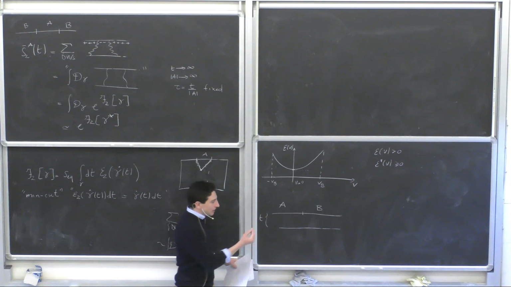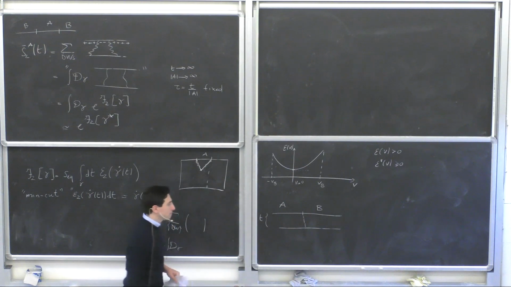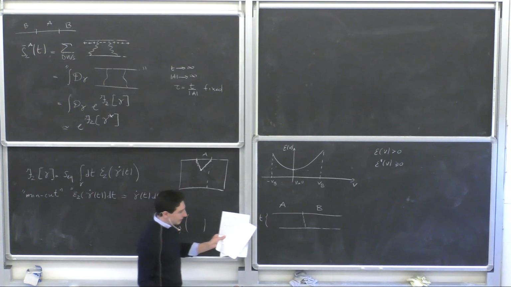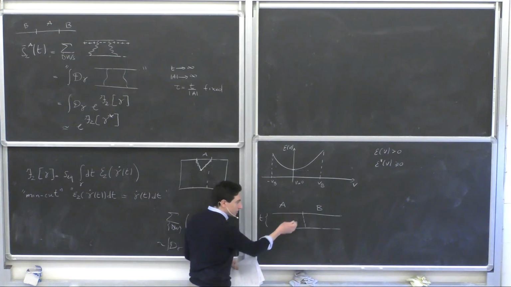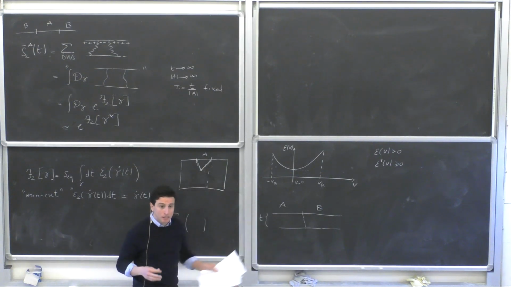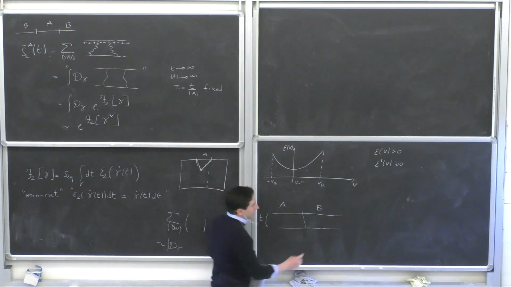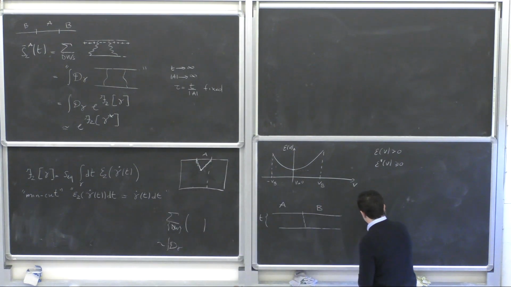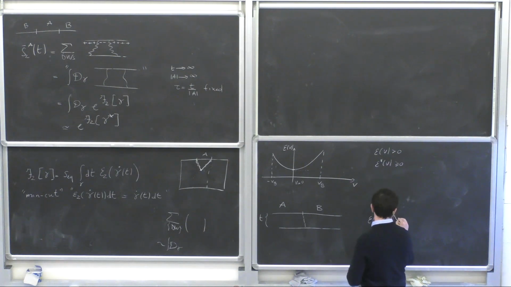Then by symmetry, it's natural to posit that the optimal curve should be the straight line here, because it wouldn't make sense that it's some other curve. So maybe this could be degenerate, but this for sure should be an optimal curve. And so the cost of this should be equal to epsilon 0 times t times S_E.